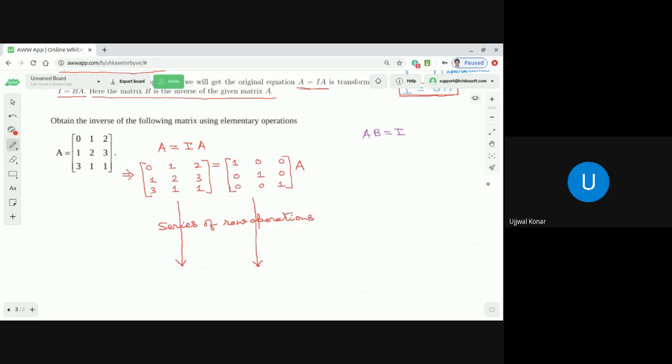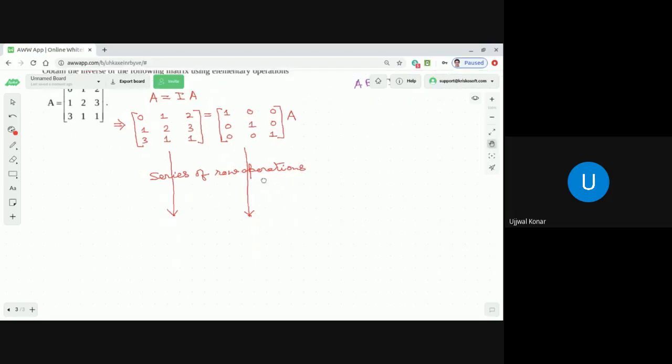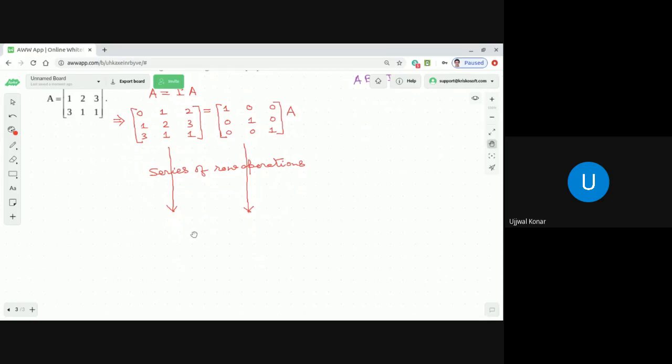And what will be our target? We are going to perform those row operations which will transform the left-hand side matrix A to an identity matrix, 1 0 0, 0 1 0, 0 0 1.